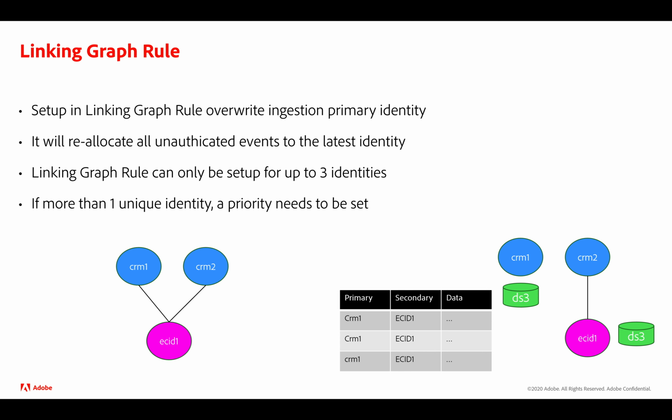All of the data will still remain with CRM1. So you will still have the event done by ECID1 when it was connected as CRM1 and all of the data associated with it. All of the other events, and the events, of course, associated with primary CRM2 will stay with CRM2, and that is the intended purpose of the linking graph rule.